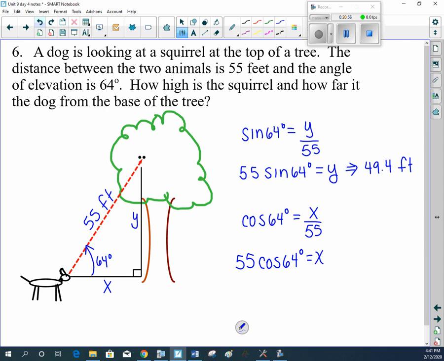So 55 times the cosine of 64 will give me x. And so x is 24.1 feet. So the dog is 24.1 feet from the base of the tree.